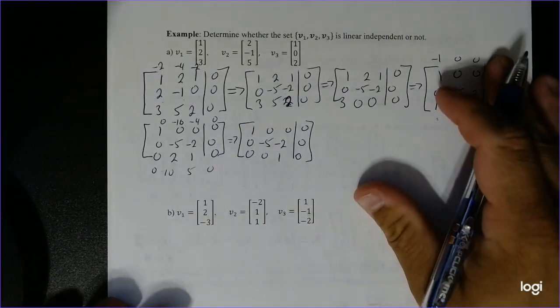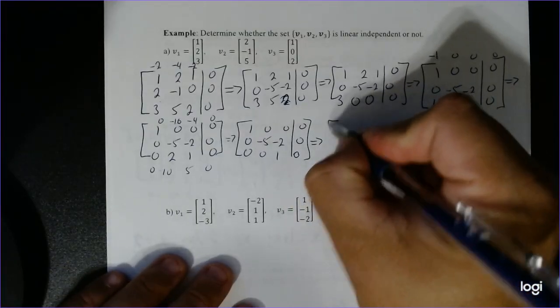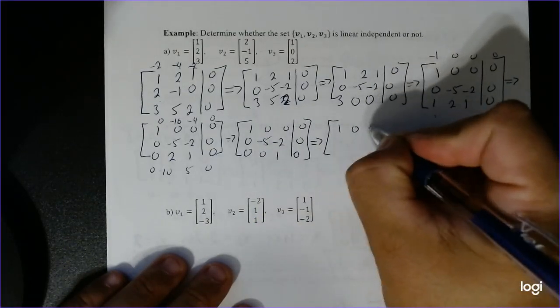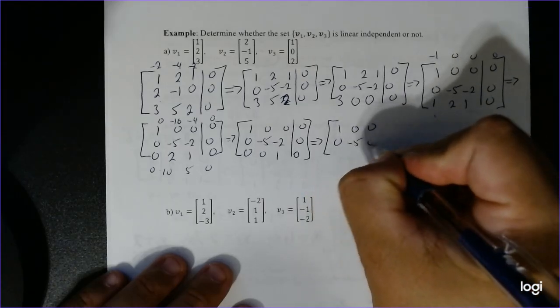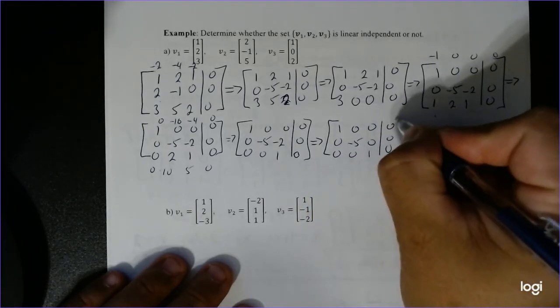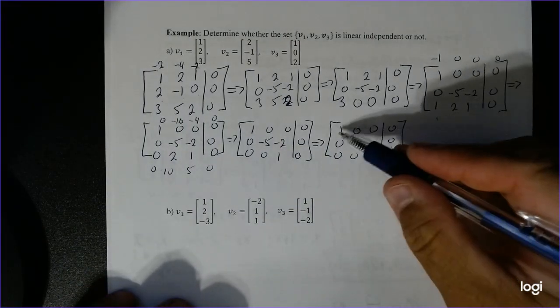And there we go. And again, eventually, multiplying this by 2 and adding it gives us exactly what we want. And then just dividing this by -5 gives us our 1, 1, 1.